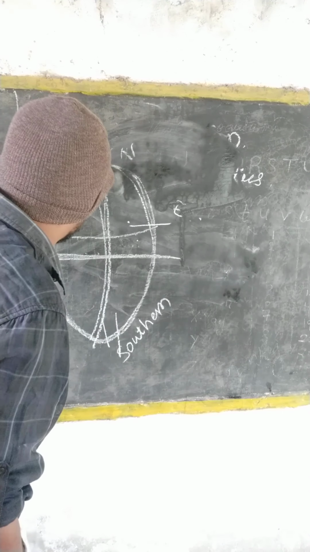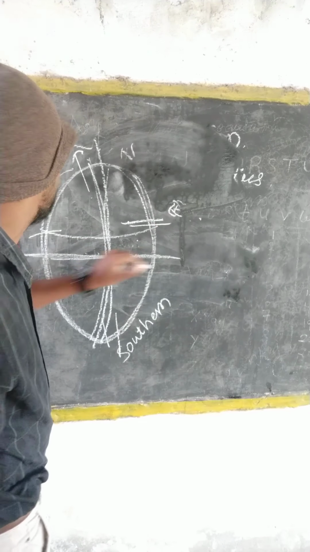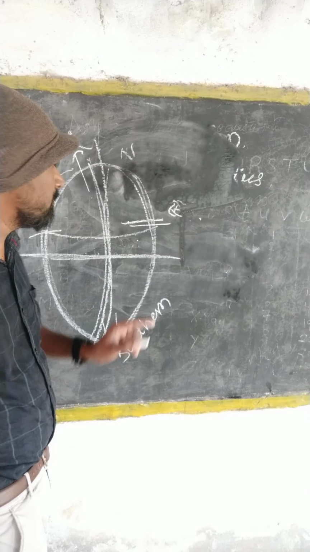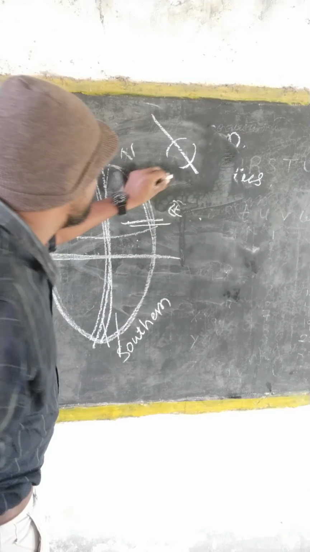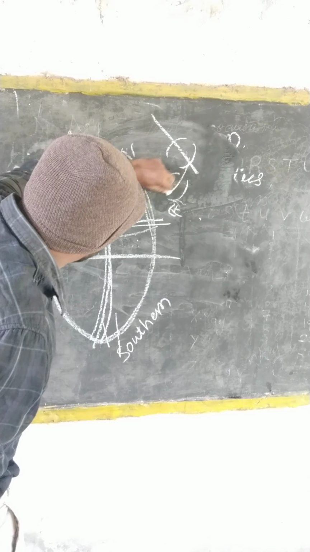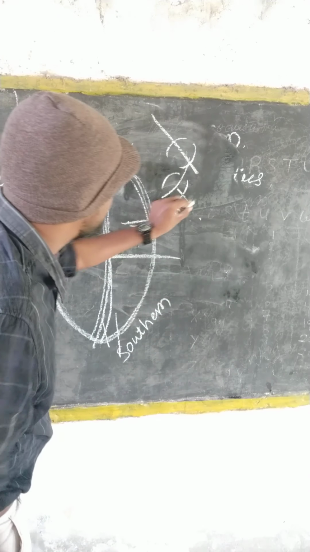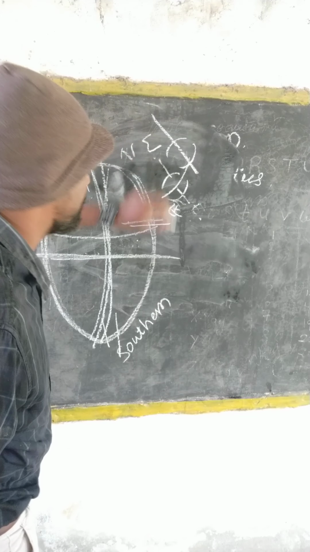But when we cut the sphere in this manner, this is known as east and this is west. Now there is no confusion, because first we divided the sphere horizontally and then vertically. The right side of the part is known as east and the left side is known as west.